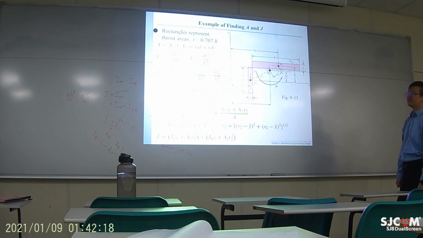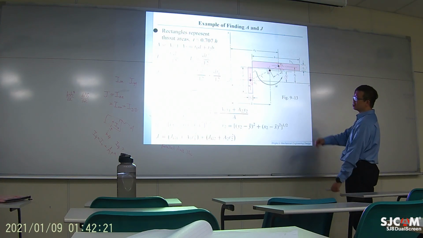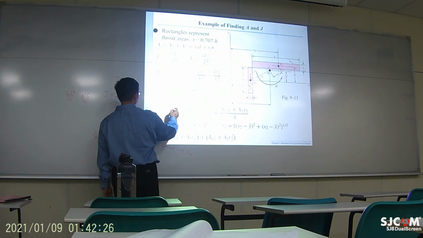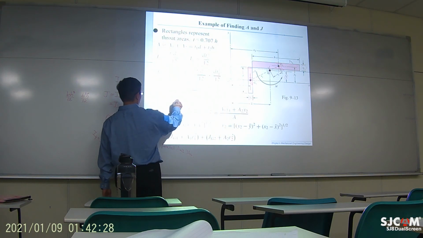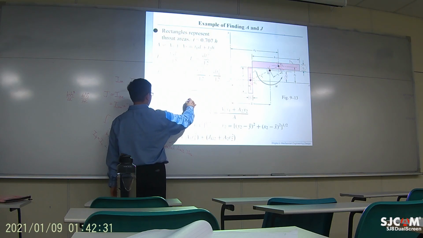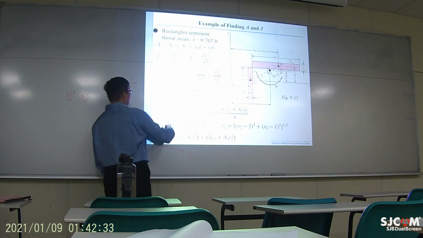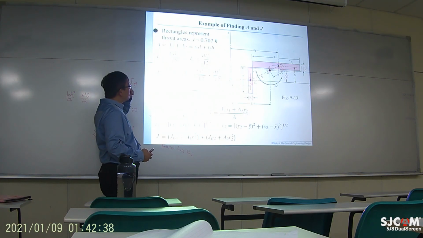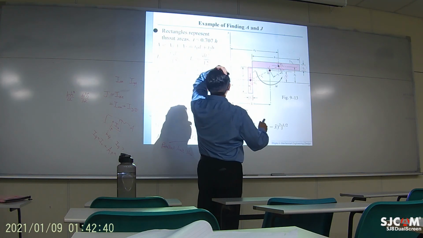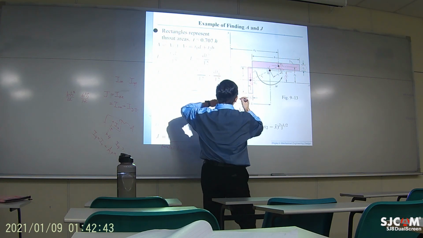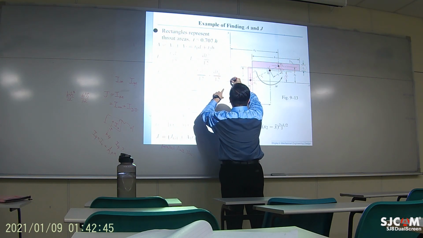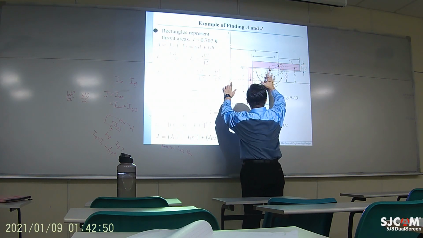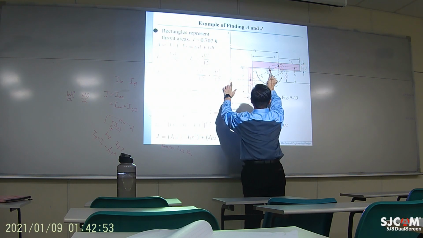Okay? So how do you do that? Right here, X bar equals A1X1 plus A2X2, divided by A. But what does it mean? For this equation, you have a support center right here at 0, and this is like a reaction force.